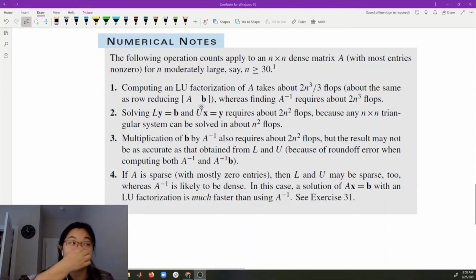And that makes sense, right? The things we're doing are pretty much just row operations. Whereas finding an inverse takes about 2n cubed flops, so about 3 times as many flops.